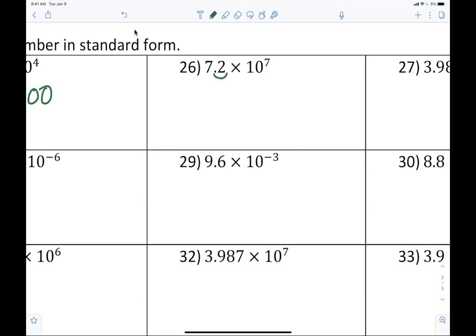Is everybody with me on that? I moved the decimal 1 and I hated doing that, so I figured out, okay, I'm just going to count the zeros. I moved it 1. There's no more zeros. I'm supposed to move it 7. So I have to add 6 zeros to 72. 1, 2, 3, 4, 5, 6. And that's how I did it. I think that's the best, most efficient way to do that.